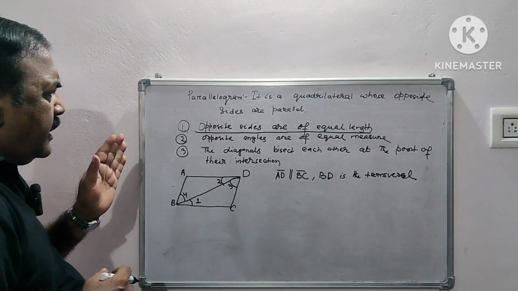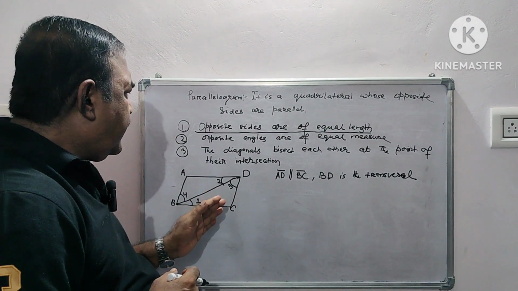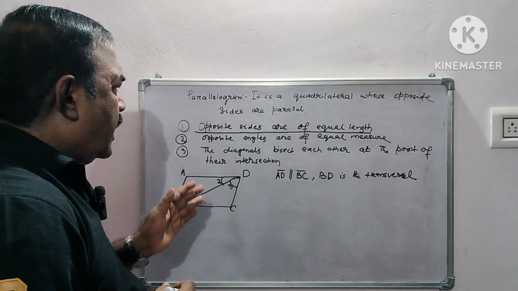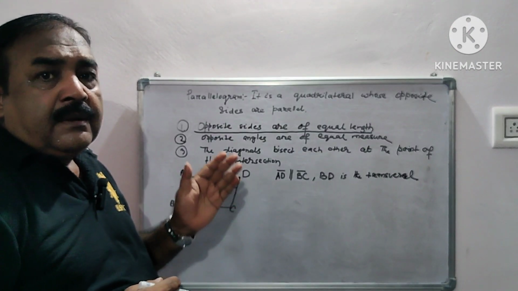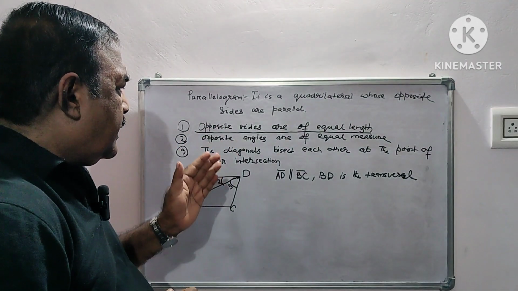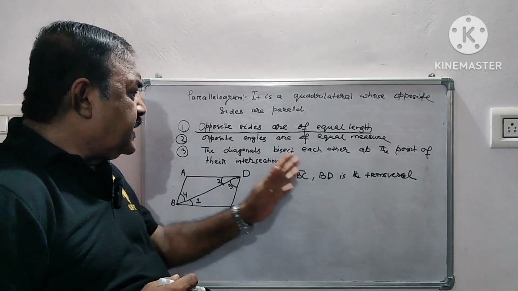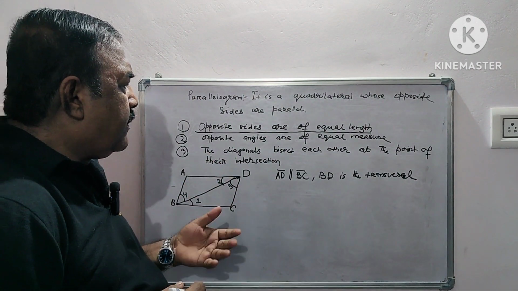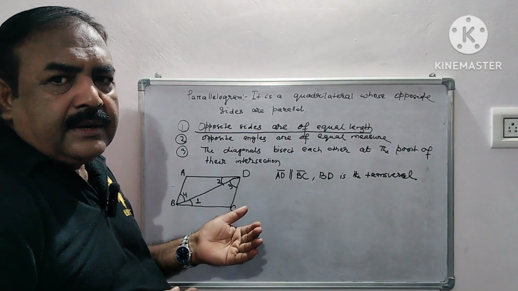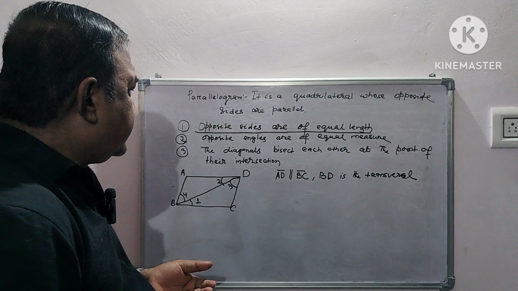So already we have known this from the properties of the angles formed by parallel lines and their transversal. Previously I have already done a video on it. You might see that.